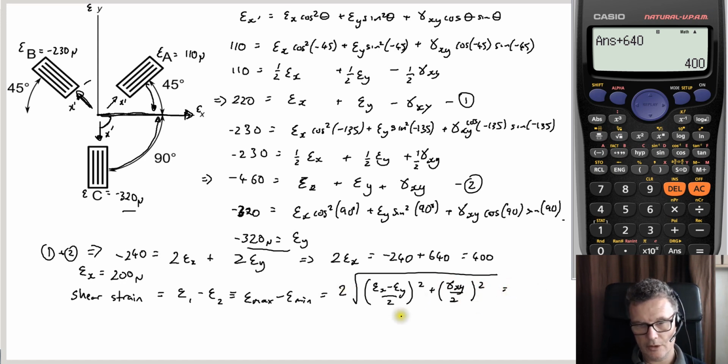Right, you notice you've got 2 there, and you've got 2 2's there, so we can actually cancel all those out. Square root.